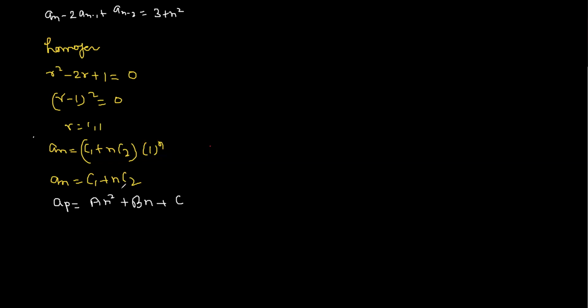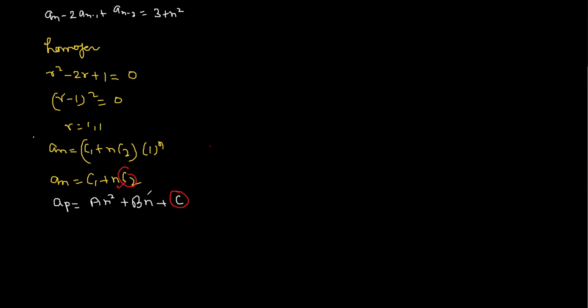C1 is what? Constant. And this is also constant means what? Any number. No, this is only constant. And n C2, n is multiplied with constant.